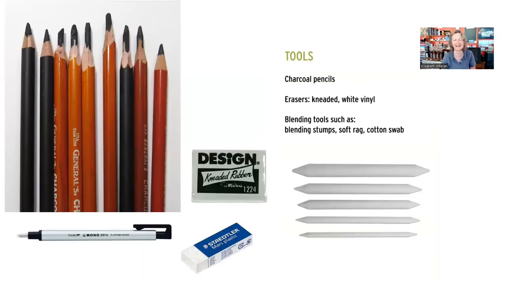That's what I wanted. So the tools we're going to be using today are charcoal pencils, kneaded rubber erasers, regular erasers, and blending stumps or other types of blending tools. Now, charcoal comes in other forms, and you'll often see people using either block charcoal, especially if they're working large, or vine charcoal. Both of those are even messier to work with because they don't come with the encasement of a pencil.